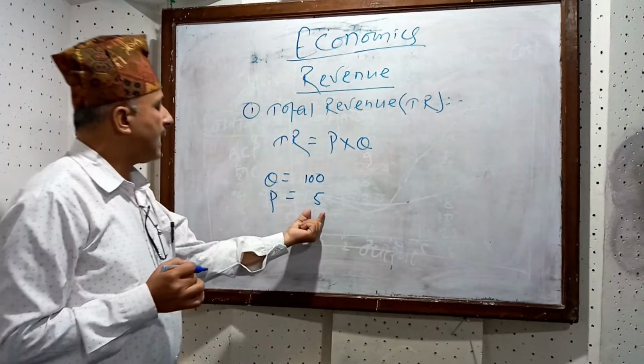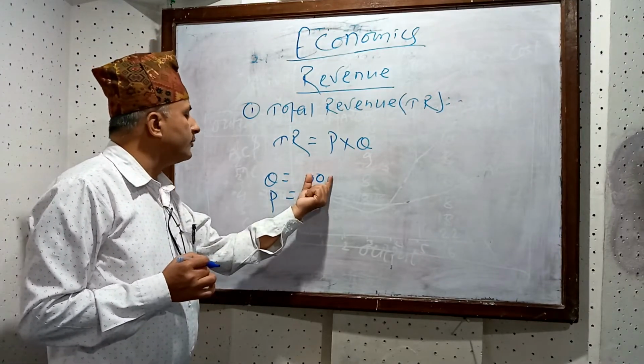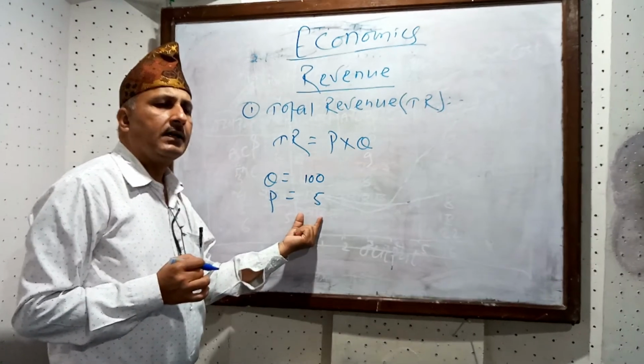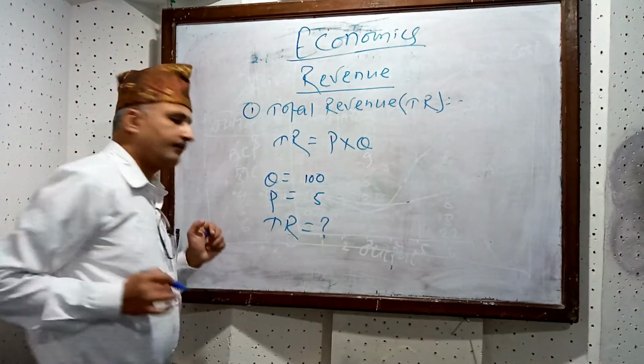If per unit price is 5 and he sells 100 units of this commodity, then how to calculate TR here?